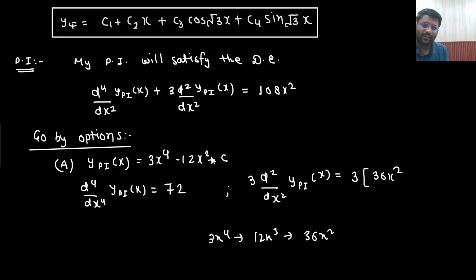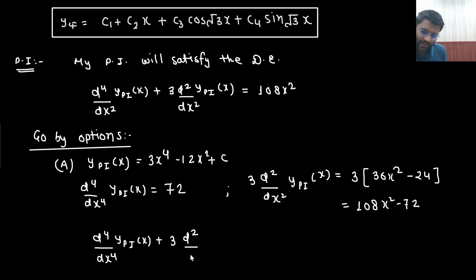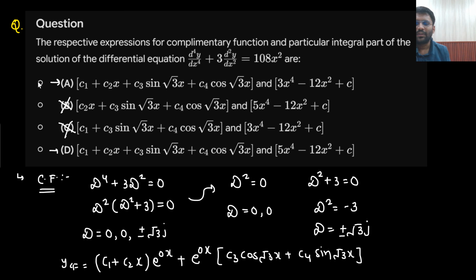So 36x square minus 24, and 3 times that, you are getting 108x square minus 72. That means if you add both of them, d to the power 4 y by dx to the power 4 plus 3 d square y by dx square, you are getting 108x square. That means yes, it is satisfying the equation. If it is satisfying the equation, then option A is correct.